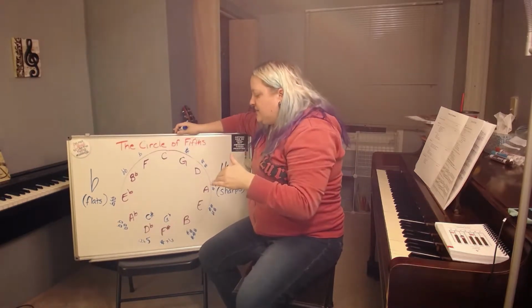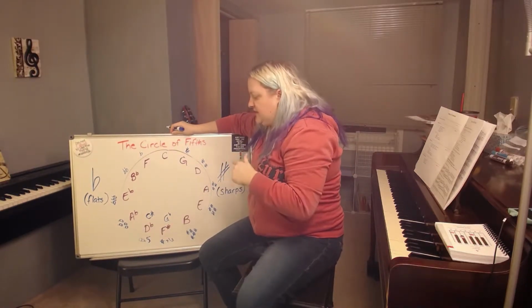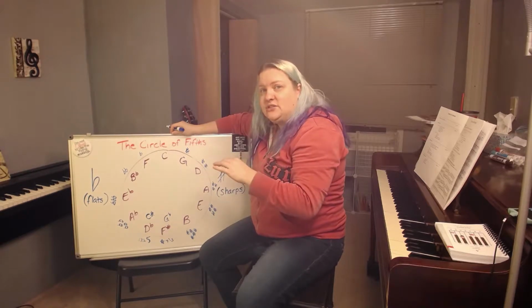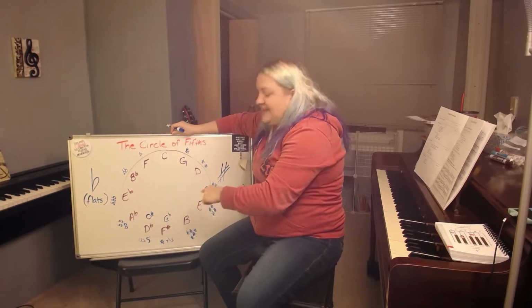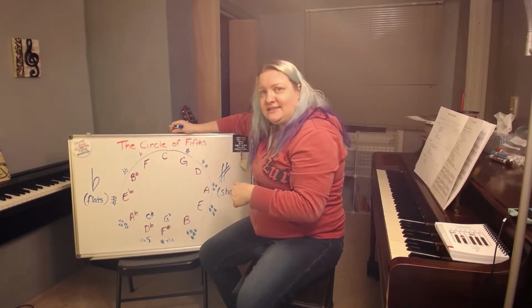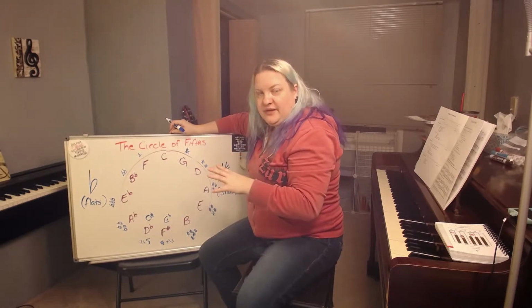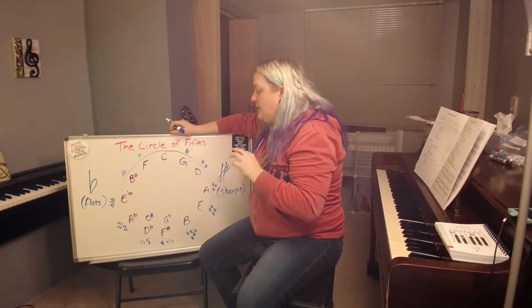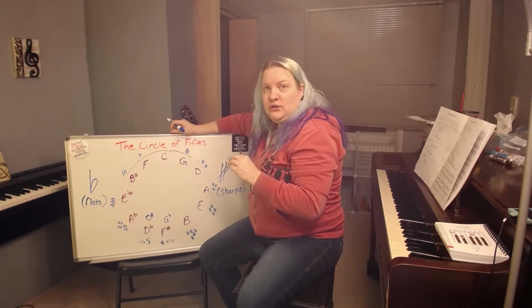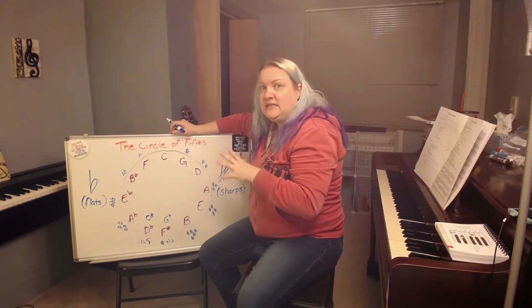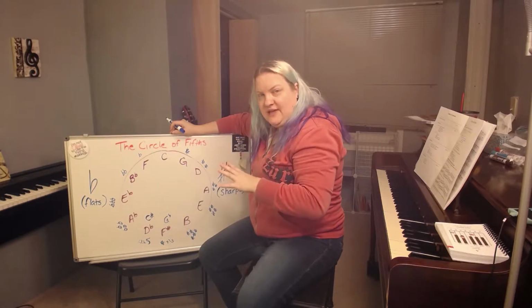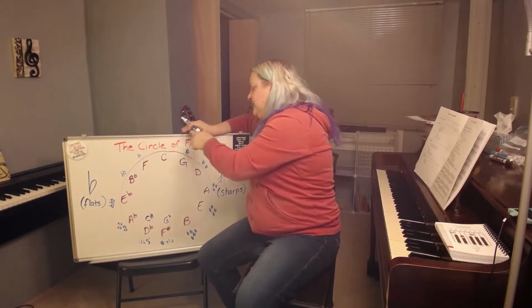So you can take the sharps all the way out to 7 sharps and the flats all the way up to 6 flats. So this is the circle of fifths. It's a very easy memory device to help you learn the keys and how many flats or sharps they have in them. And it helps you learn key signatures.